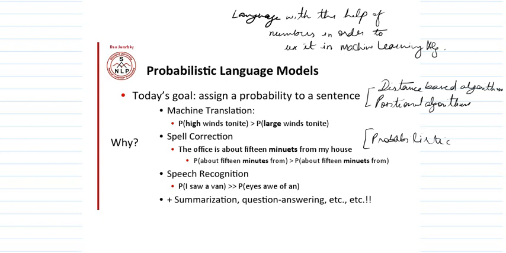Distance-based algorithms just count the distance between some points, data points or vectors. Probabilistic algorithms actually calculate probabilities, and these are most often seen to be much more efficient than distance based ones.